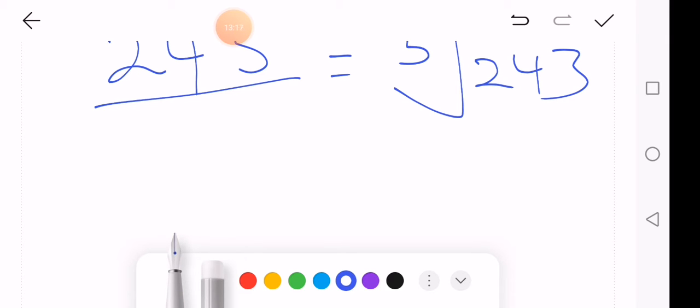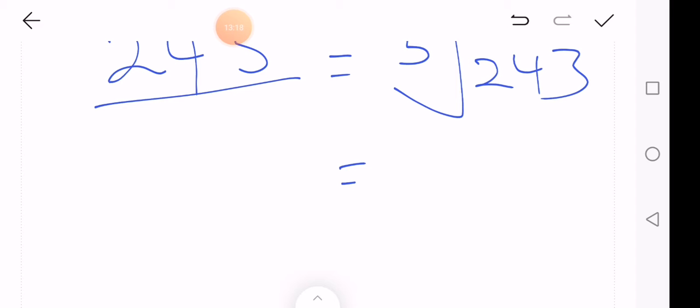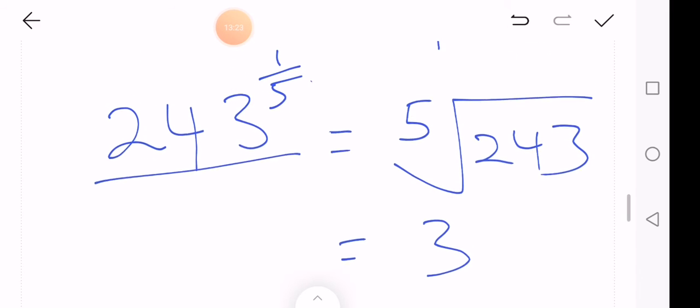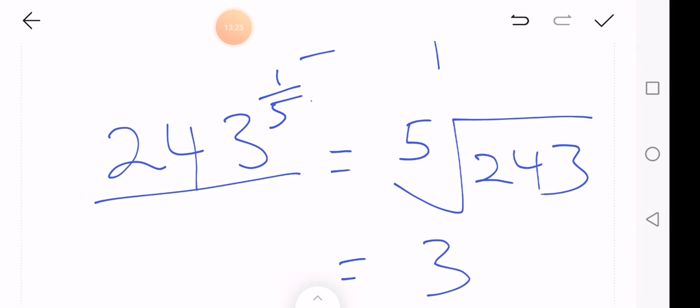So our answer therefore is 3. 243 to the power 1 over 5 means we are looking for the 5th root of 243, and that 5th root is 3. Okay. Thank you.